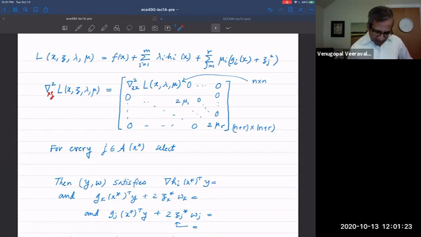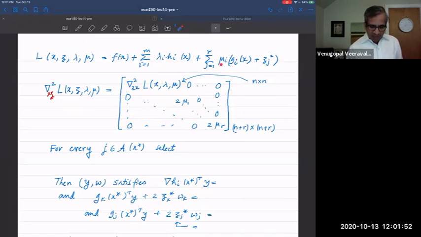Now I need to focus on the bottom right matrix, this one. In this matrix, we already saw that when I take the gradient, I'll just get one non-zero term, that's 2 times Zj, and when I take a second derivative with respect to that, I'll get just 2.